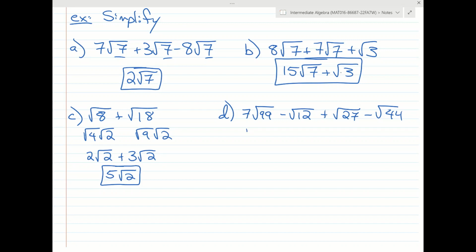So the square root of 99 is just the square root of 9 times the square root of 11. Square root of 12 is square root of 4 times the square root of 3. Square root of 27 is the square root of 9 times the square root of 3. And the square root of 44 is the square root of 4 times the square root of 11.